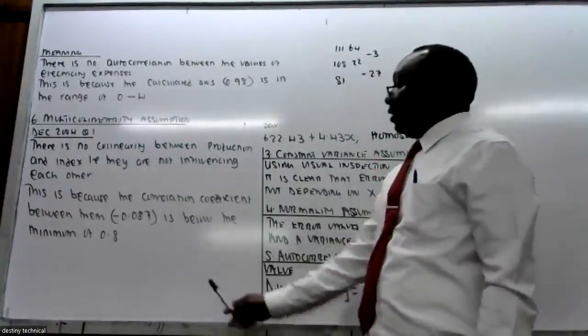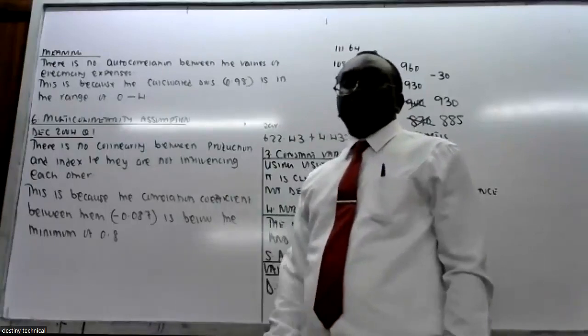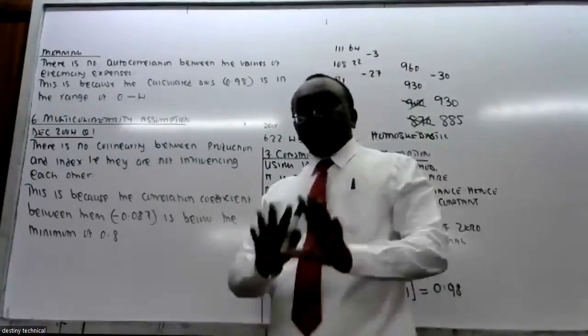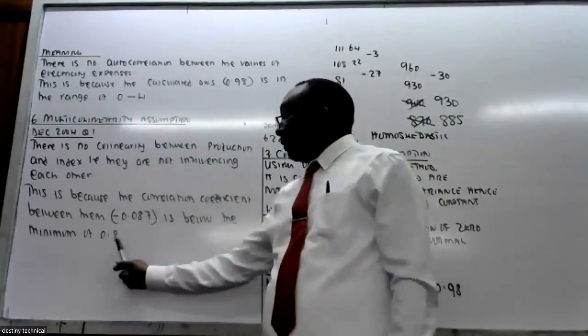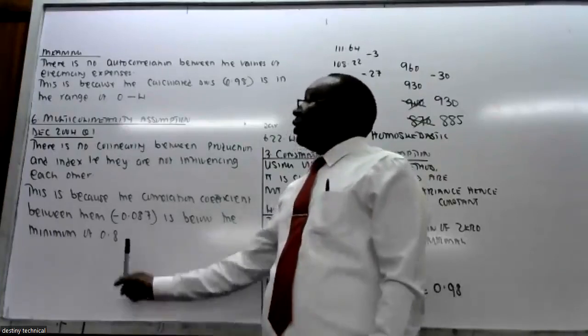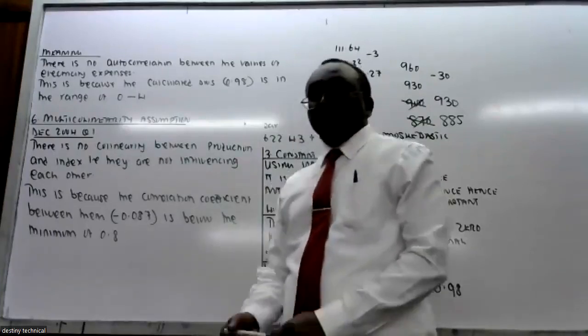So if you find that the correlation coefficient between them is below 0.8, that means they are not influencing each other. But if it is at 0.8 or 80%, they are influencing. So you will see the notes, and that will be good.